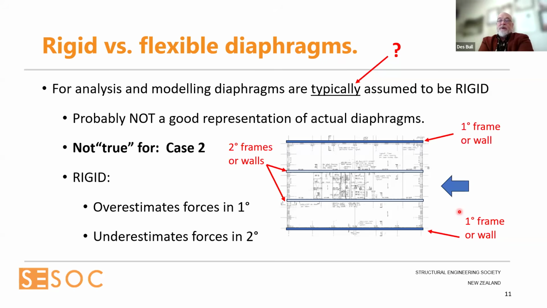And if you think about if you're doing an assessment, for example, maybe it's frame action, maybe it's wall shear stresses, maybe it's the tension tie and the collectors running into the ends of the walls, you will overestimate the force demands on those elements if you use a rigid diaphragm.